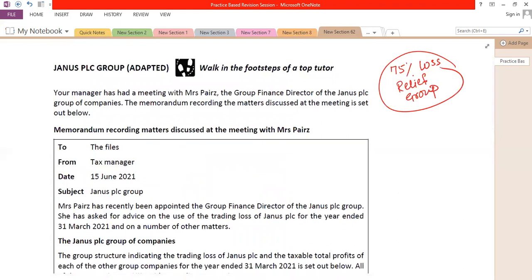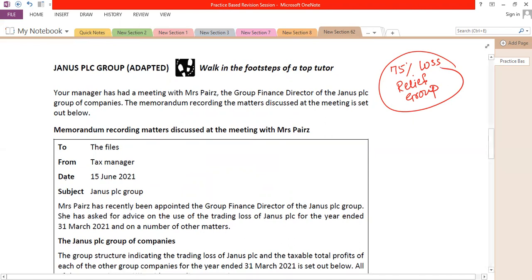Let me just complete the question, then I will discuss the specific rule first about how to create a group and what are the conditions of a 75% loss relief group. With a group loss relief group, there is very much flexibility that either you can use losses with yourself or you can offset losses of any group companies which are part of 75% loss relief group.